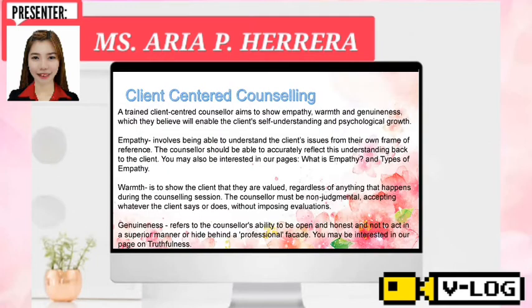A trained client-centered counselor aims to show empathy, warmth, and genuineness, which they believe would enable the client's self-understanding and psychological growth. Empathy involves being able to understand the client's issues from their own frame of reference. The counselor should be able to accurately reflect this understanding back to the client.